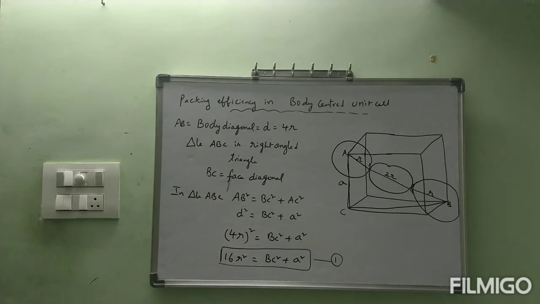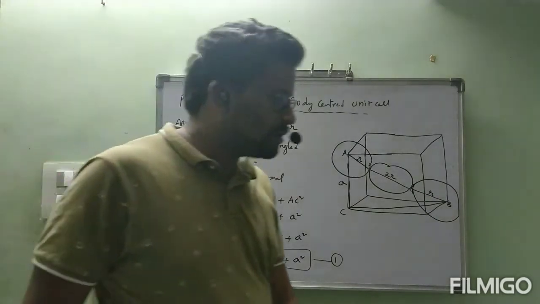But BC is the face diagonal, which we don't know. We will find that in the next step. So AB is equal to d, where small d is 4R. So 4R whole square is 16R square, equal to BC square plus a square. Now that one, equation 1, I kept in a box.